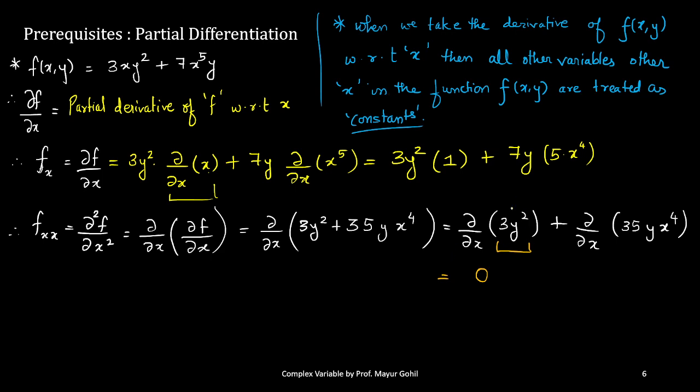So 3y² is treated as constant, and the derivative of a constant with respect to x is going to be 0.